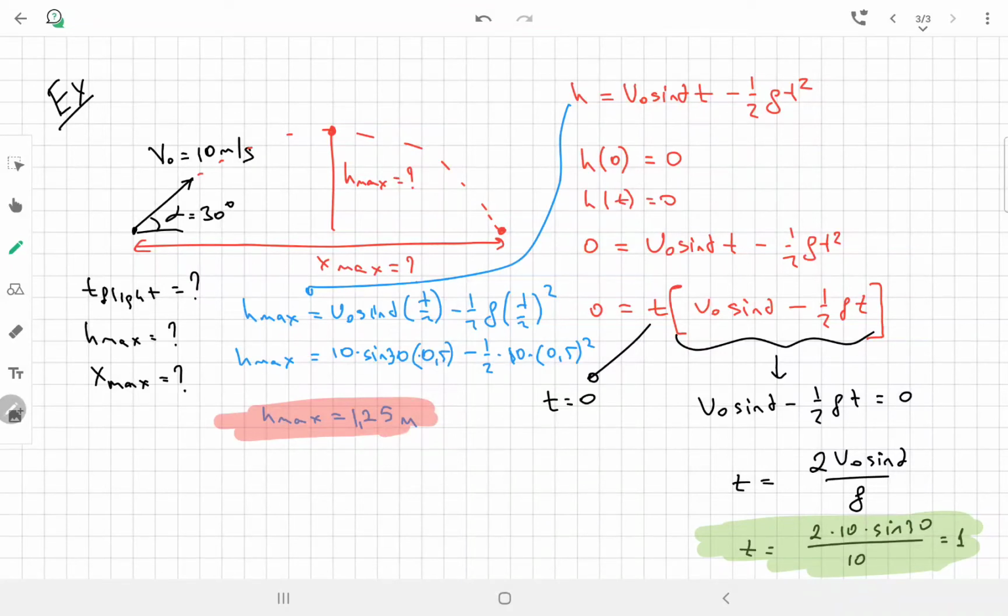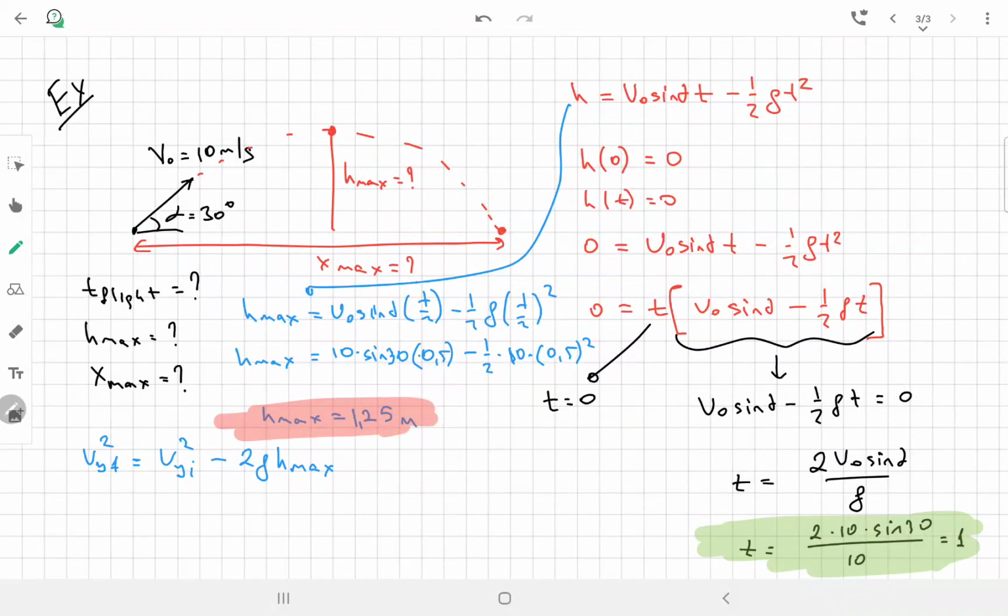Now let me use equation number 2. Equation number 2 says that final velocity in vertical direction square equal to initial velocity in vertical direction square minus 2 times gravity times height. Of course, let it be maximum height. At maximum height, it will be moving only in horizontal direction.